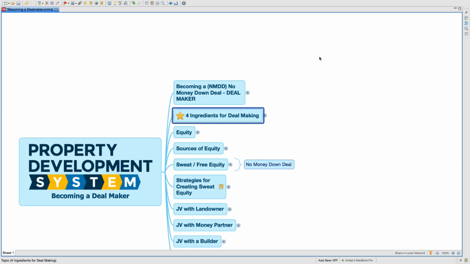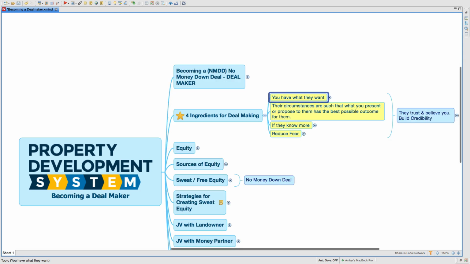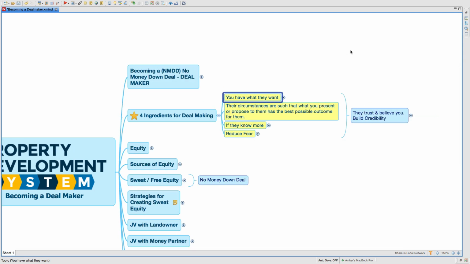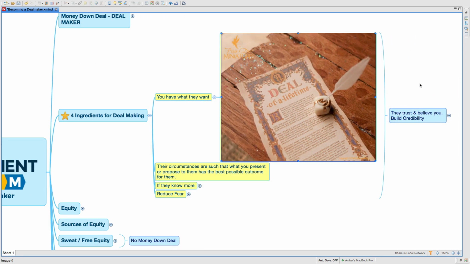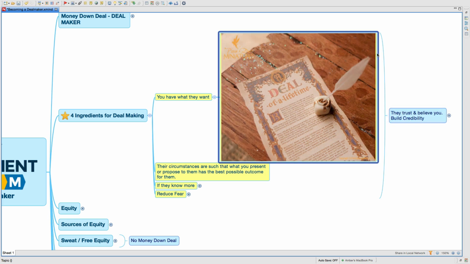There are 4 ingredients of deal making. Number one, the only way you can make a no money down deal is if you have a deal of a lifetime. If you have a deal of a lifetime, you will be able to find investors fairly quickly.